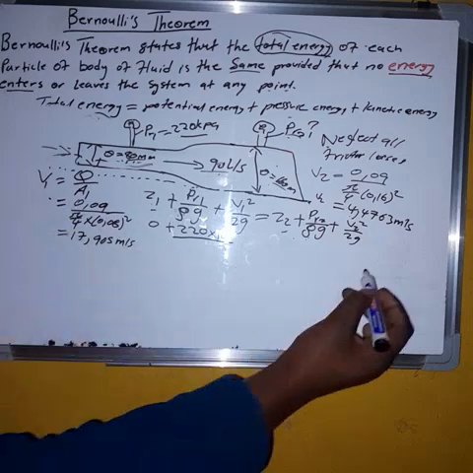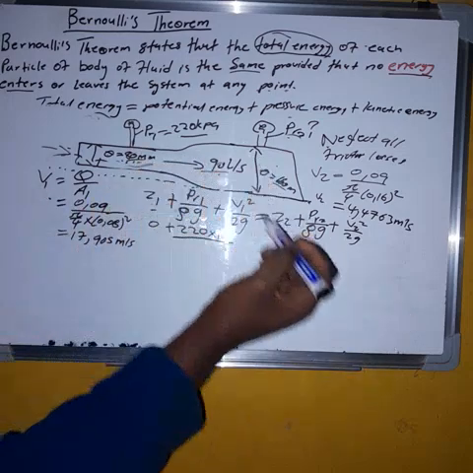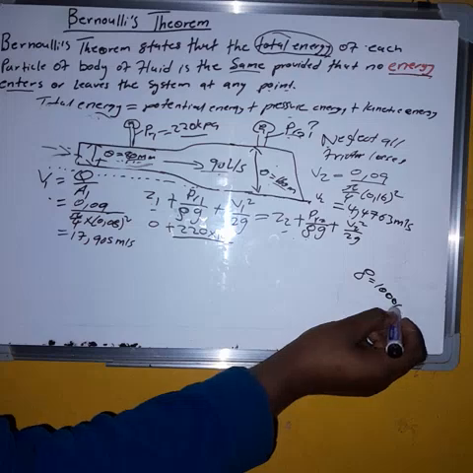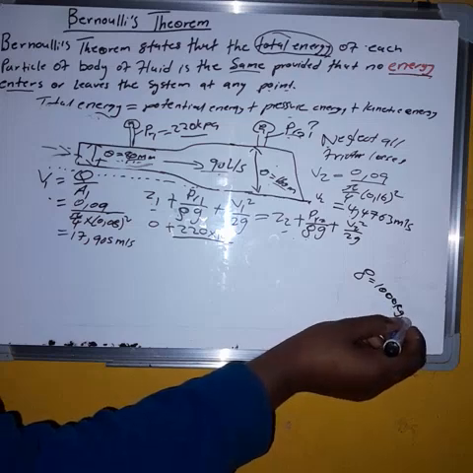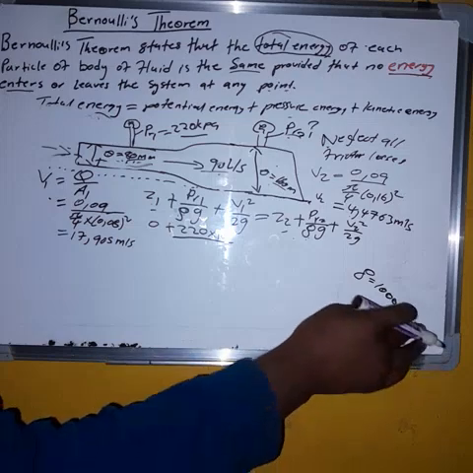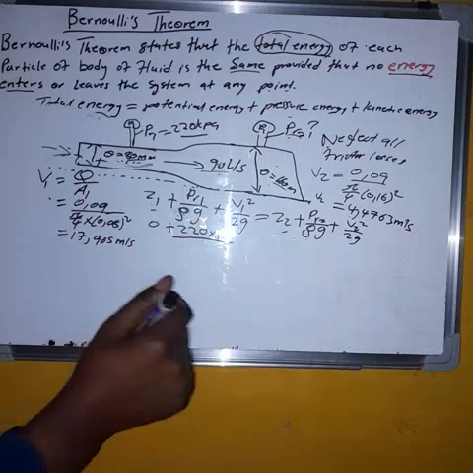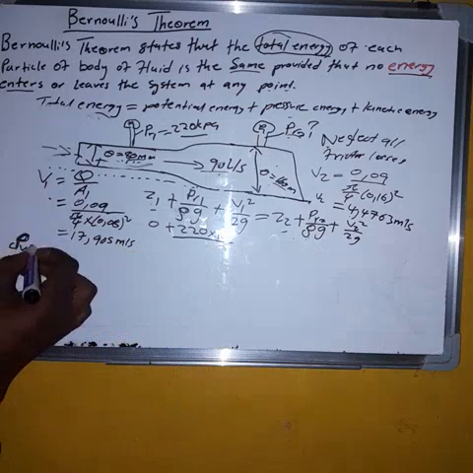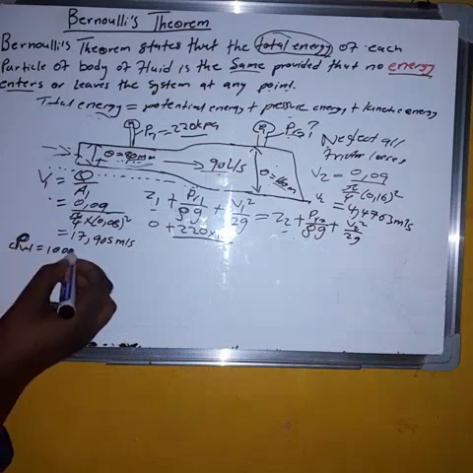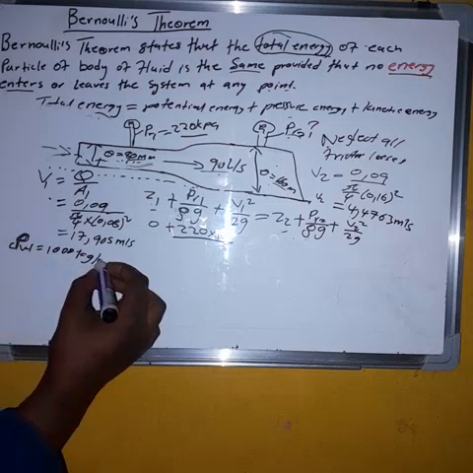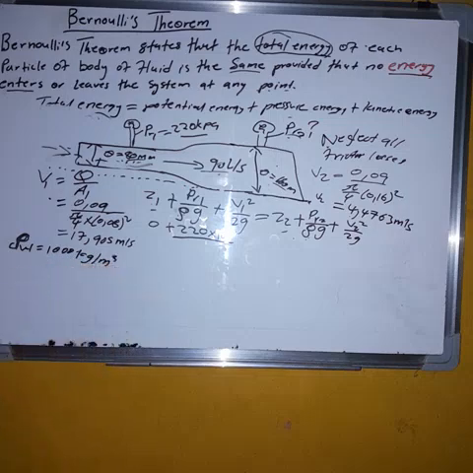Once you hear that there's water flowing in the system, we know that the density of water is always 1000 kilogram per cubic meter.